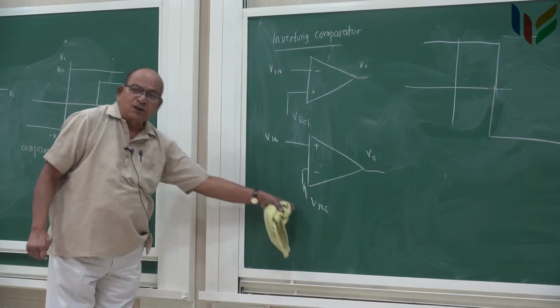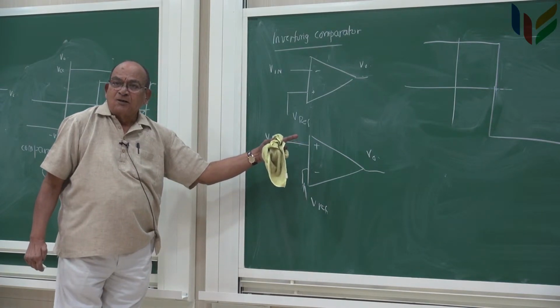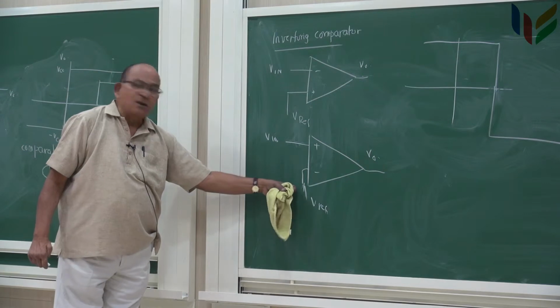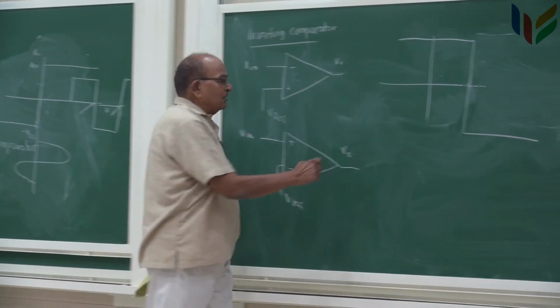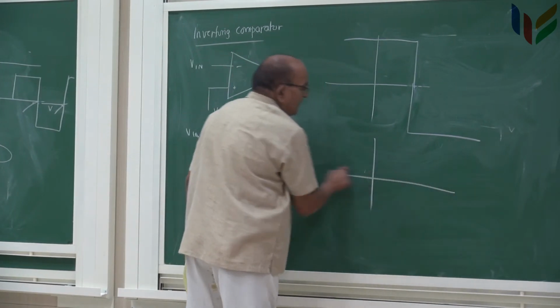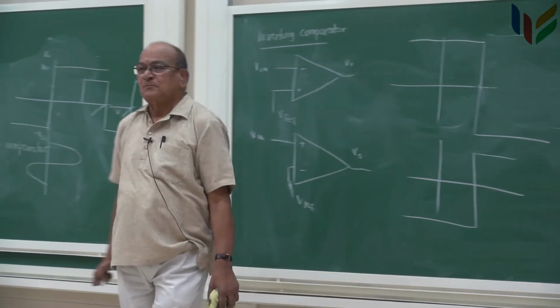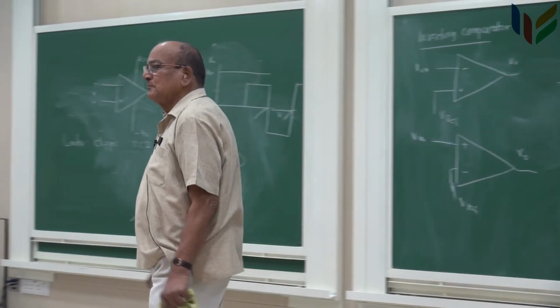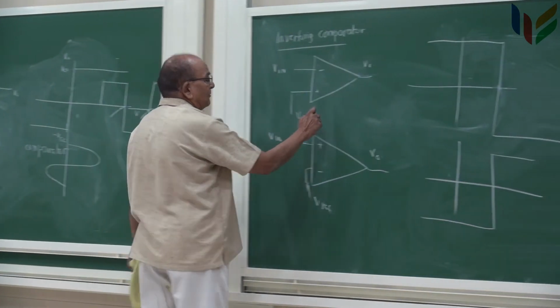When V in is less than V reference, the output will be negative. Then when V in is greater than reference, it will be positive. So, you will end up with a characteristic, just the dual of this. So, this is called a non-inverting comparator.